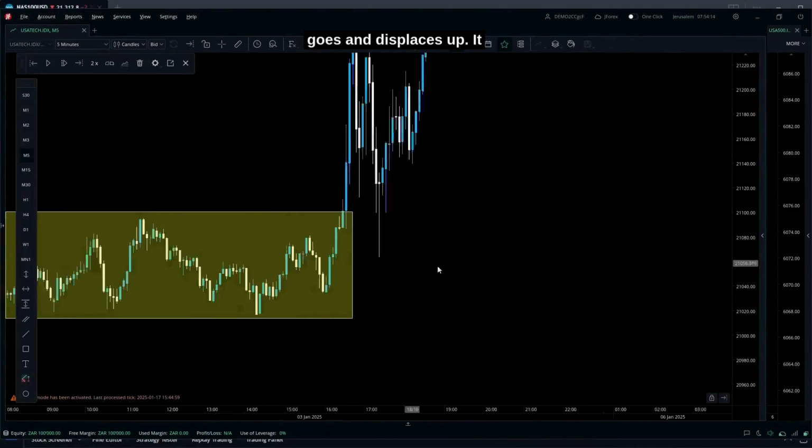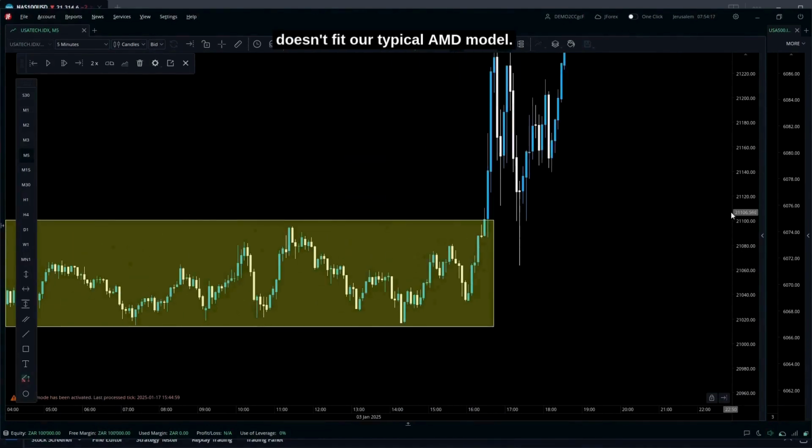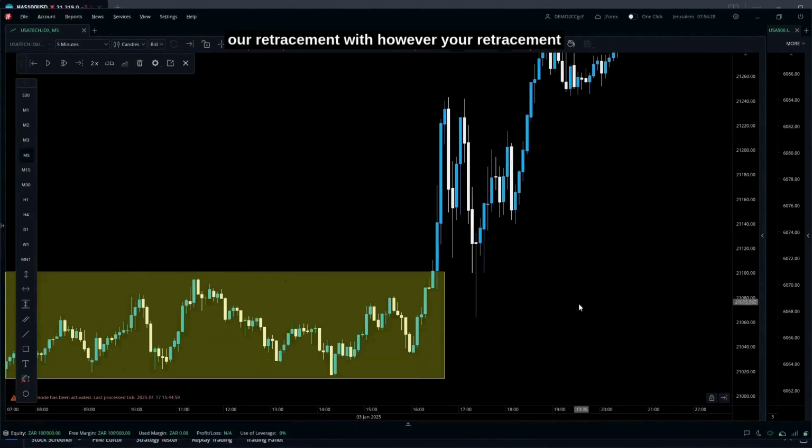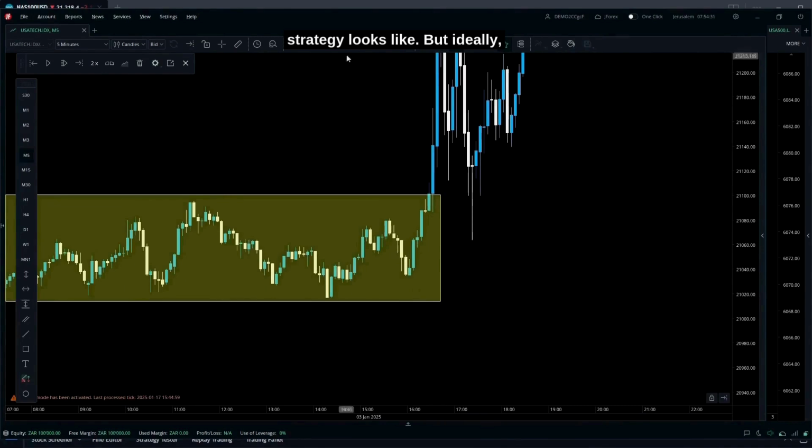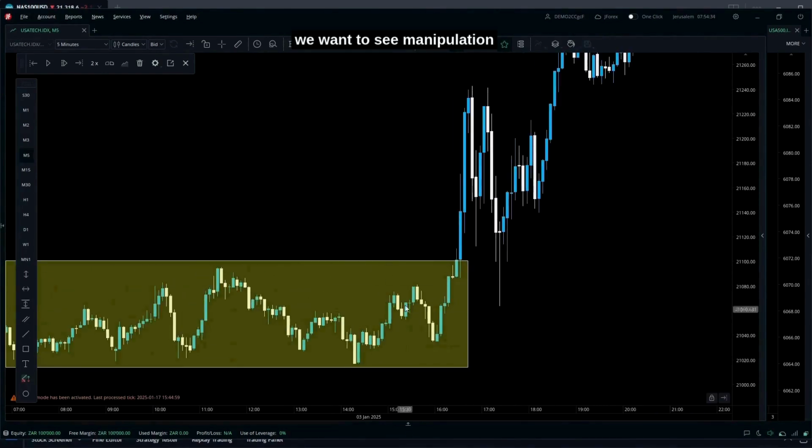Price just goes and displaces up. It doesn't fit our typical AMD model. We can pretty much just enter on our retracement with however your retracement strategy looks. But ideally, we want to see manipulation before we distribute, because that is our high probability setup right there.